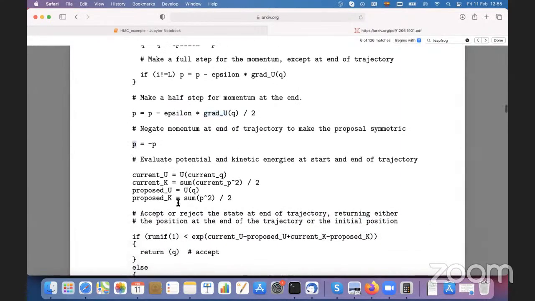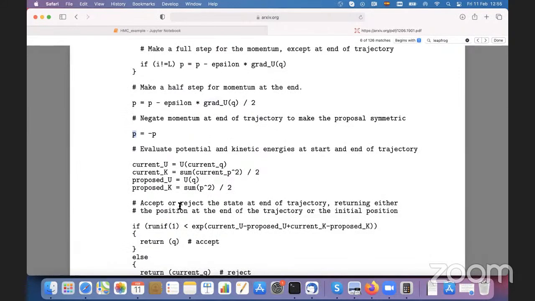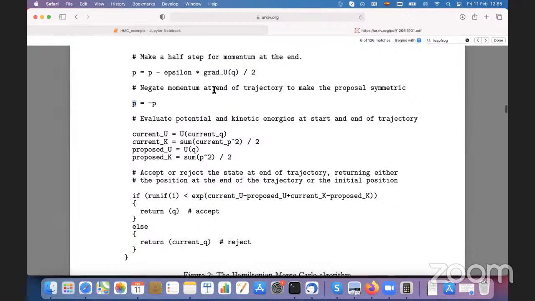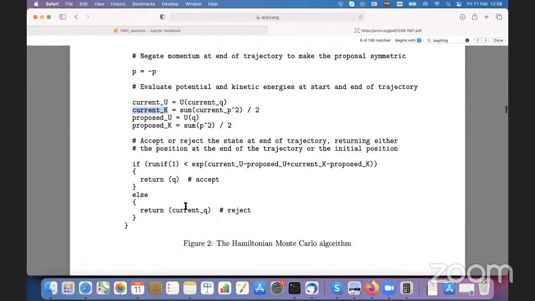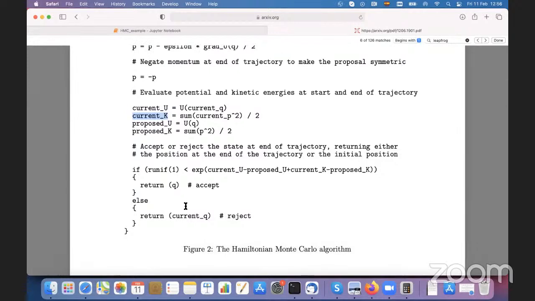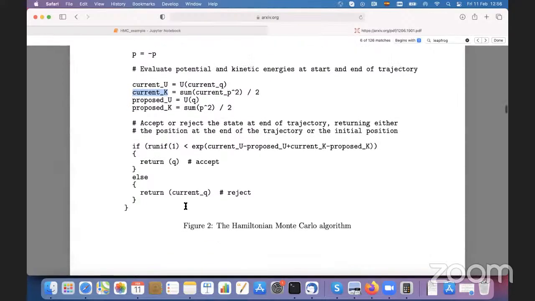You can forget about this, which doesn't have an effect for us because the kinetic energy is symmetric with respect to P. Once you solve the Hamilton equations and you get the proposed Q, storing Q and P here, you can compute the proposed potential energy, the proposed kinetic energy, and build your proposed Hamiltonian, and compare it with the Hamiltonian you have from the current state. Then you have a random number, and if this random number is larger than the acceptance probability, you reject the point; otherwise you accept it.